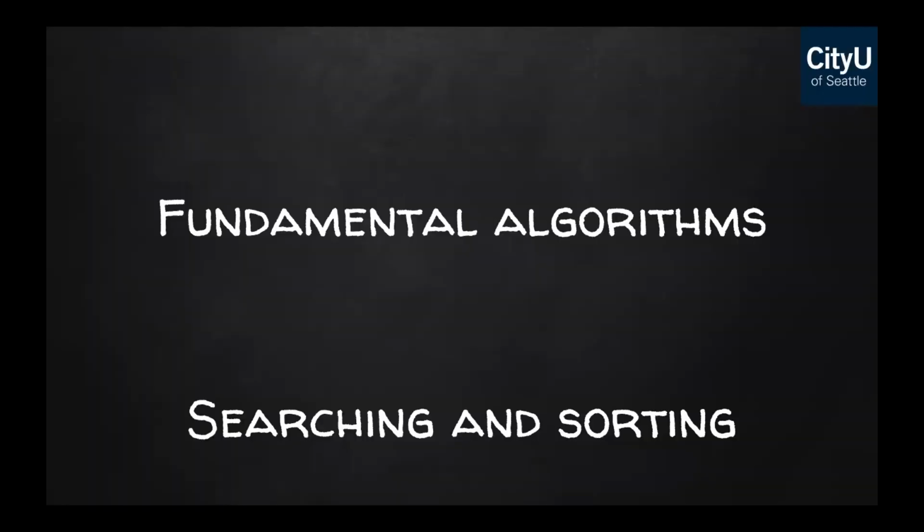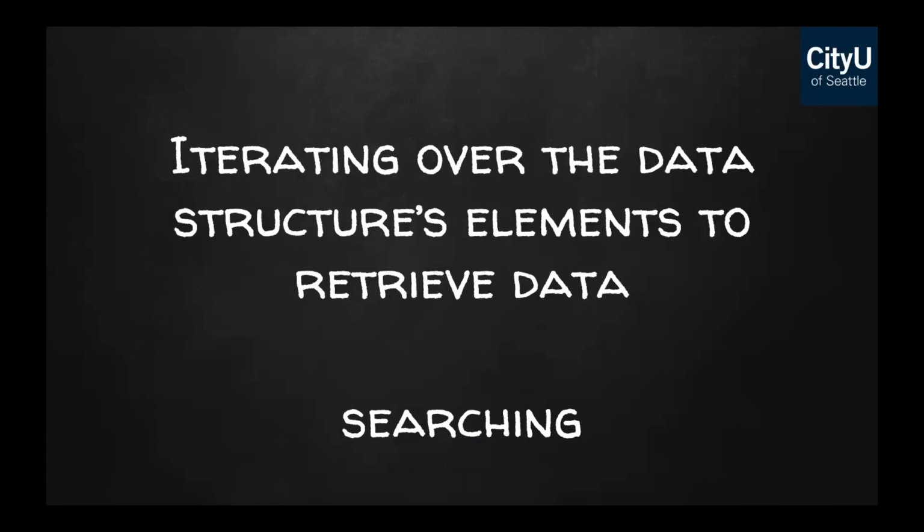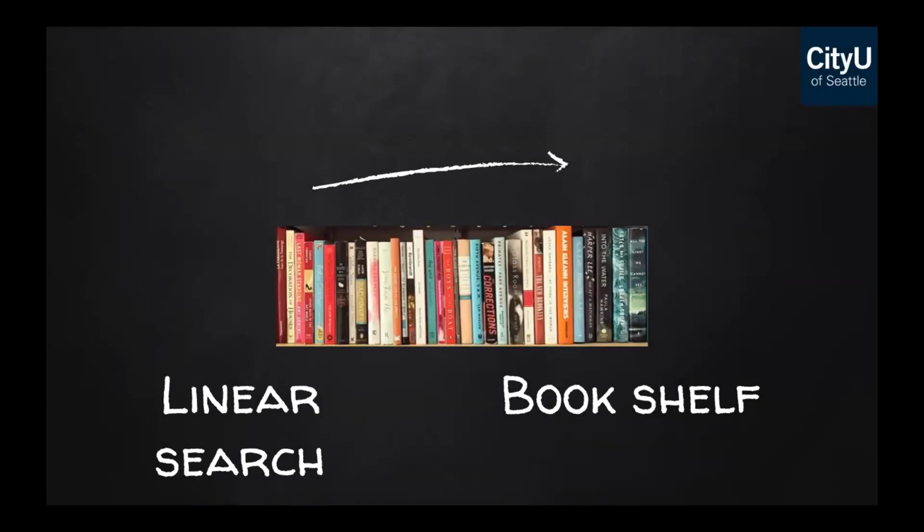Okay, so we'll talk about some fundamental algorithms, searching and sorting. Searching is basically iterating over the data structure's elements to retrieve data. An example: let's say you have a bookshelf and you have to check the books one by one.